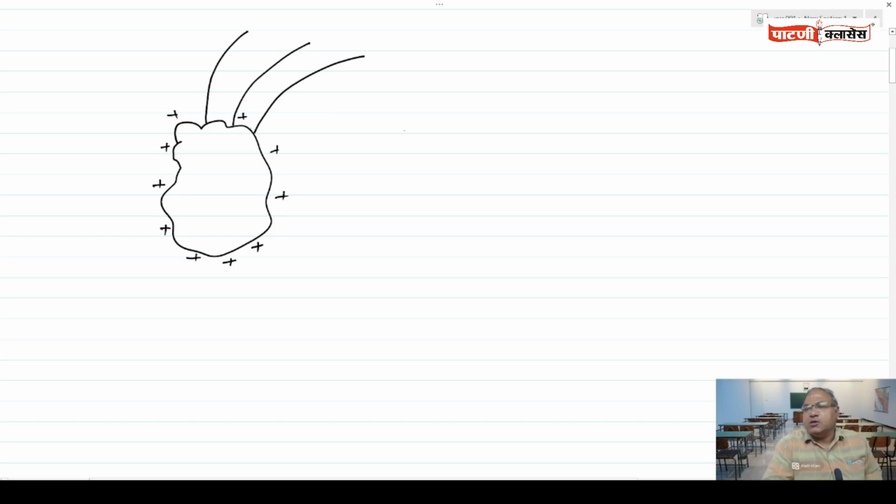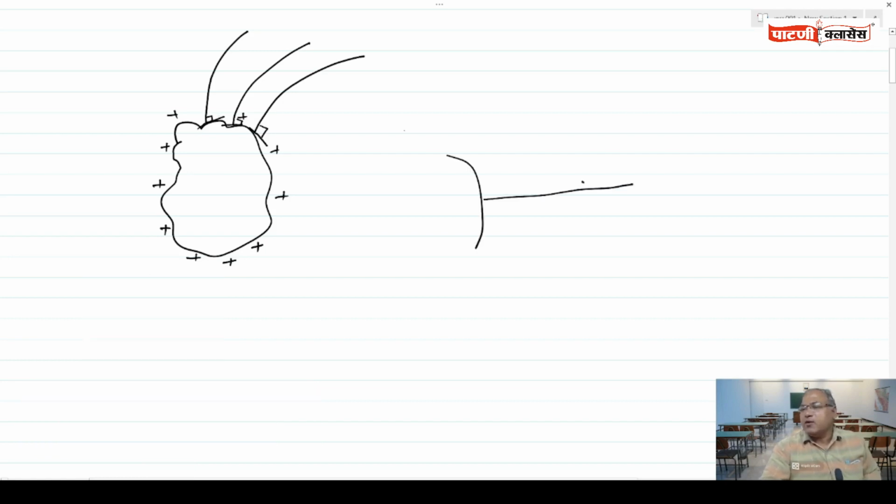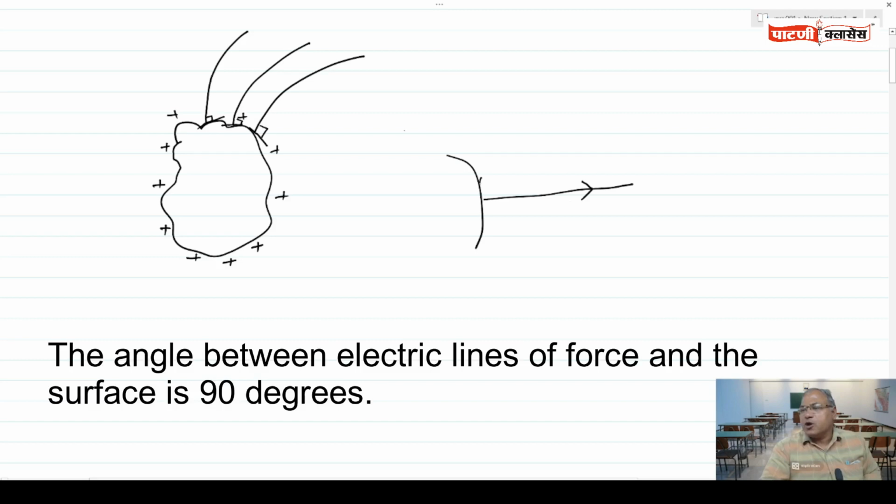According to this property, the angle between the line of force and the surface is 90 degrees. That means suppose this is a surface and it is a line of force. If you draw the tangent at the point of contact, that angle is equal to 90 degrees.